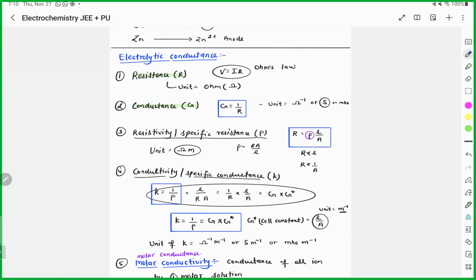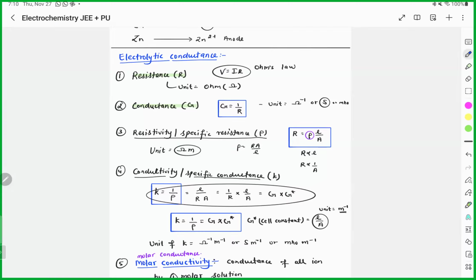Sir, is it released potential energy or gained potential energy? It depends. For example, if you are removing an electron, there is an oxidation potential. You are removing an electron, loss of electron. You need energy in that case. You have to supply energy, right?